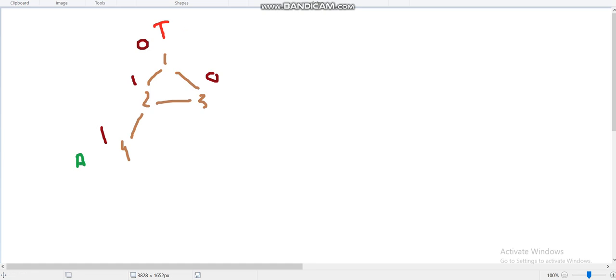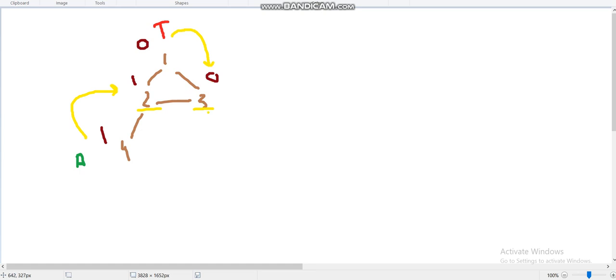In each move, Takahashi will move to one of its adjacent vertices, and Aoki will move to one of its adjacent vertices. The number at the landing vertex of Aoki must be different from the number at the landing vertex of Takahashi. So here Aoki can jump to 2 and Takahashi can jump to 3 because 1 is not equal to 0.